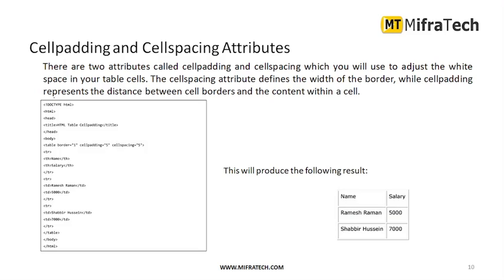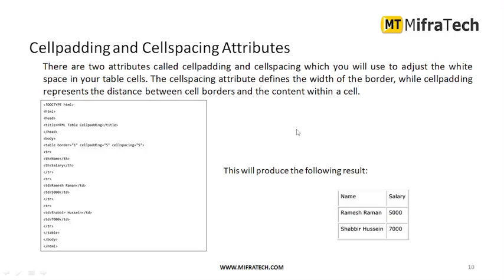There are two attributes called cell padding and cell spacing, which you will use to adjust the white space in your tables. The cell spacing attribute defines the width of the border, while cell padding represents the distance between cell borders contained within a cell. Cell spacing represents the width of the table and we can adjust it. Cell padding represents the distance within the table.